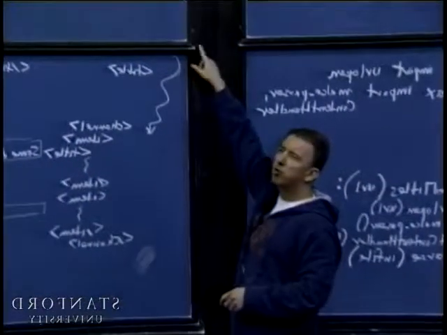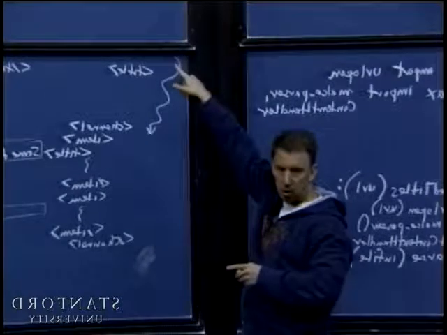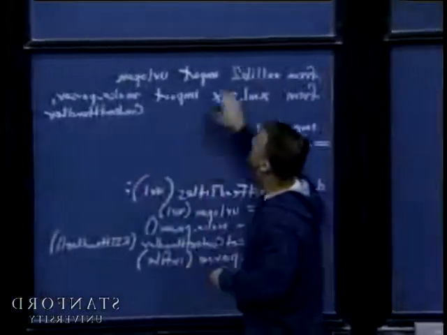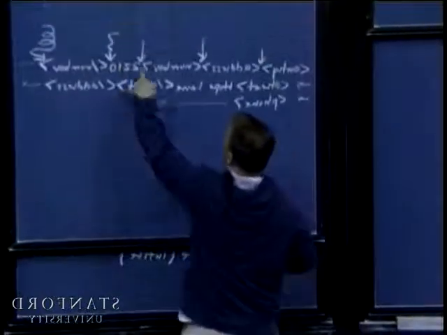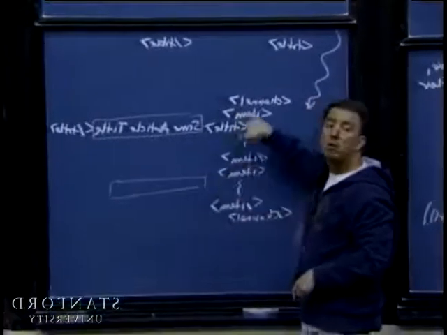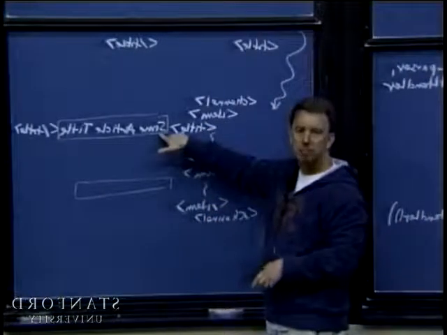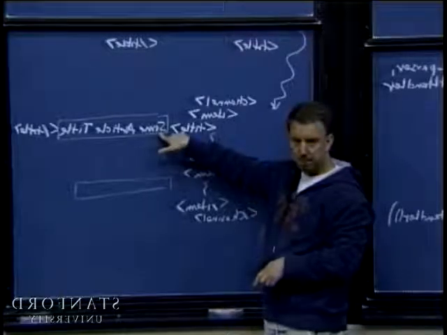There's no way to control when characters gets called. It always gets called. It's going to get called right there and right there. It would get called right there and for all of the other things that are textual, but I only want to print out these right here. Does that make sense? Yes, no?